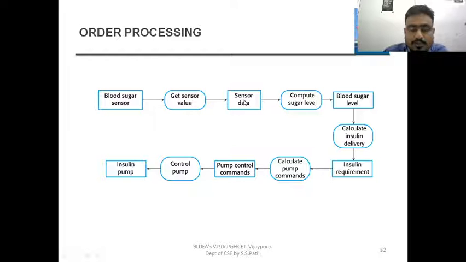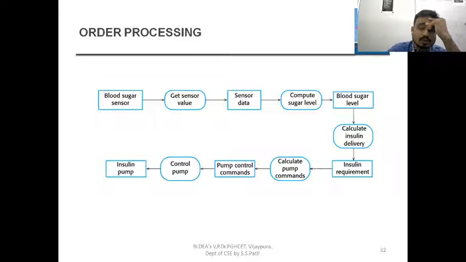If it is getting high, at that time it is going to compute the sugar level. If the threshold value increases, the blood sugar level is increasing, and once the blood sugar level increases, insulin has to be injected. How much insulin should be injected, that should be calculated. This is embedded processing.